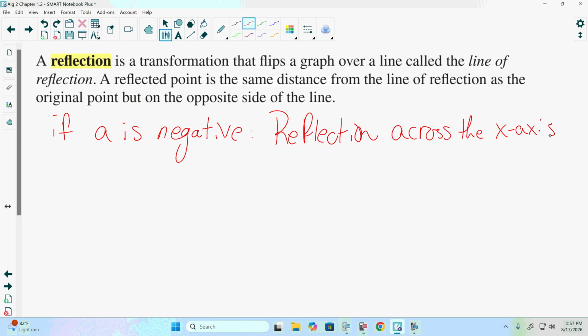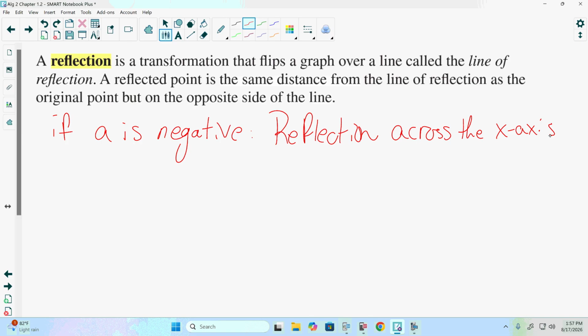If A is negative, it's a reflection across the x-axis.